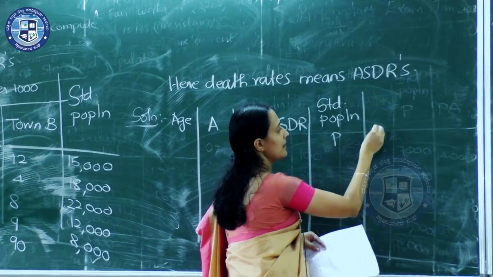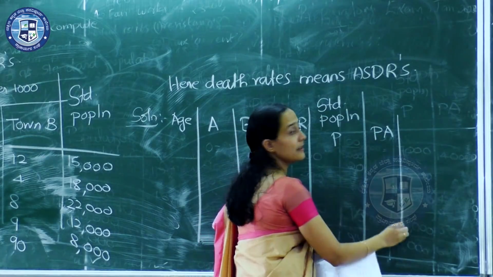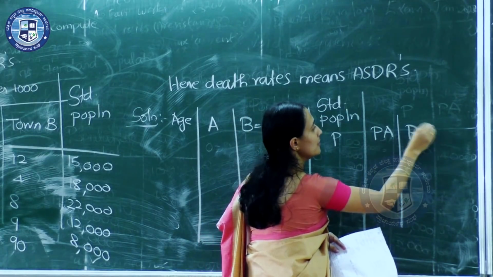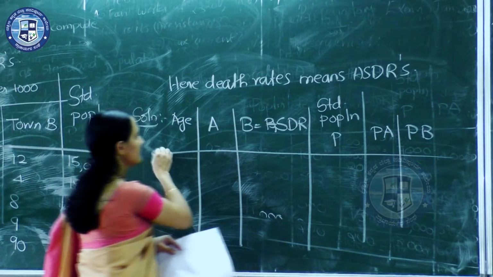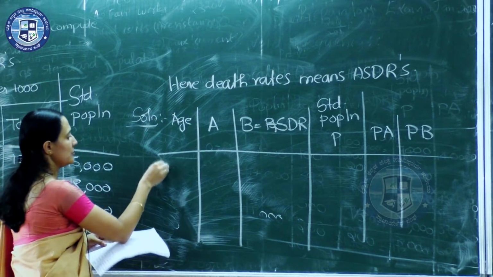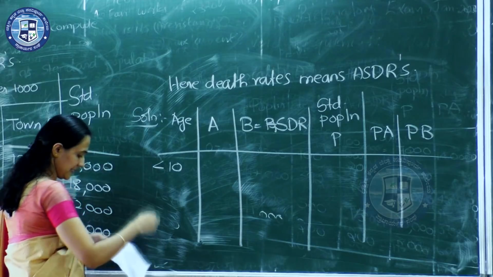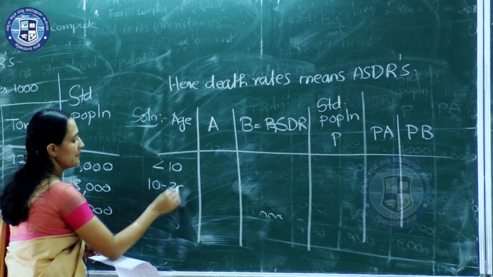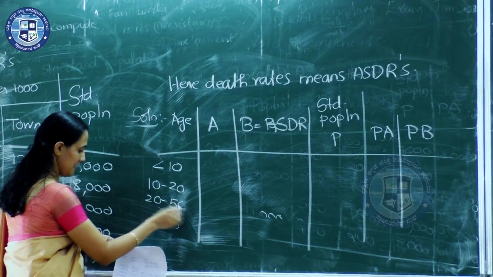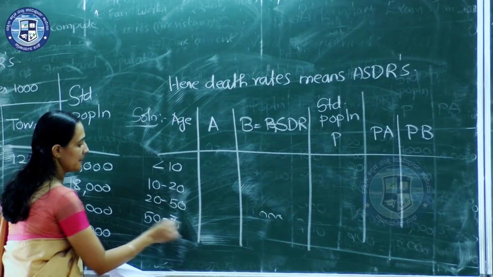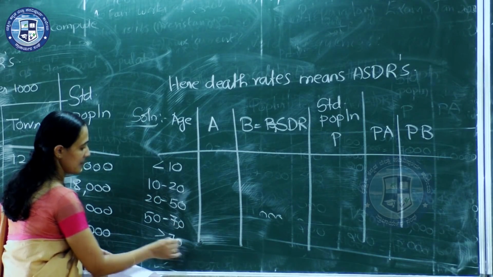Next, one column for P into A and one column for P into B. Age as it is: less than 10, 10 to 20, 20 to 50, 50 to 70, greater than or equal to 70.